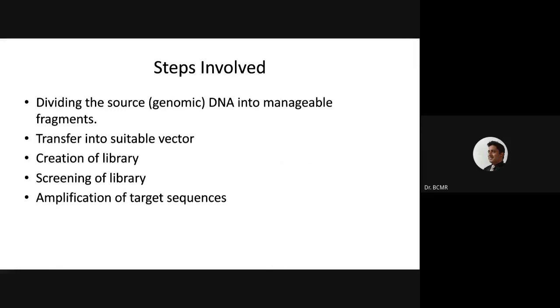So for a genomic library, there are several steps involved. The first is to obtain genomic DNA and then break it into fragments, because the genome is huge. That is usually done by restriction digestion or mechanical shearing.